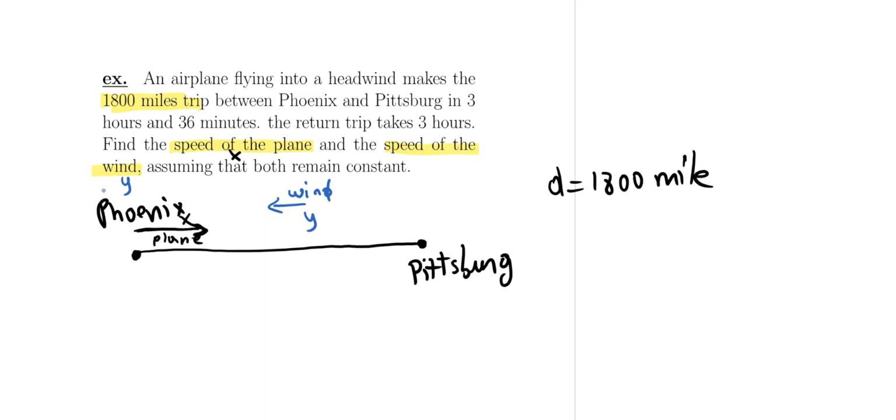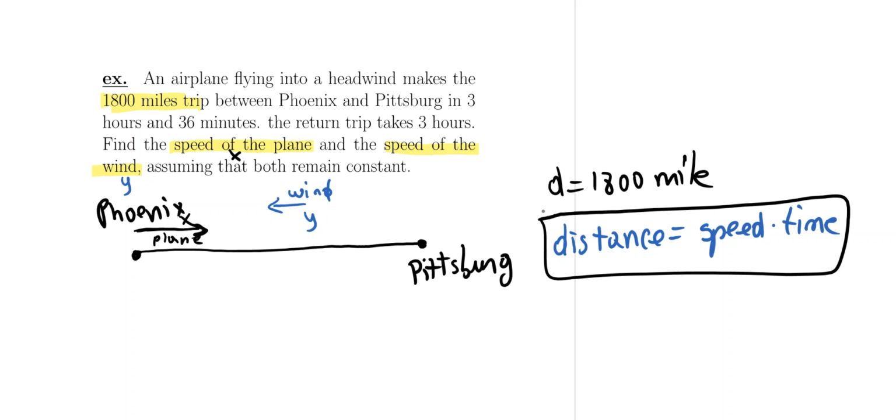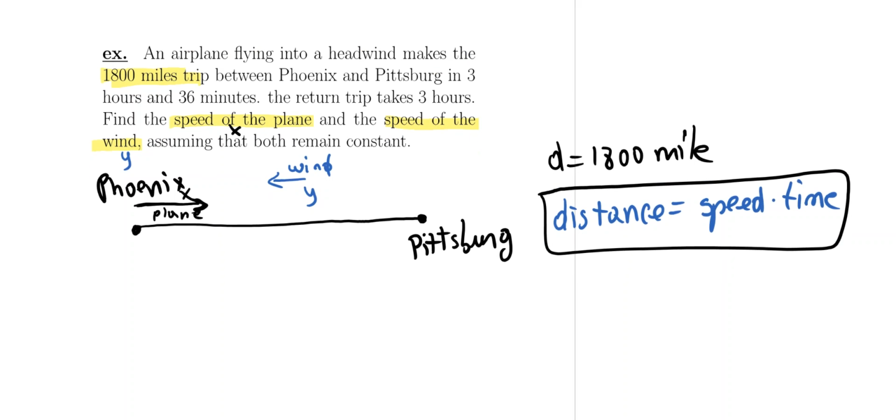So we basically need to remember the formula that distance equals speed, or rate, times time. So let's try to write the system now.